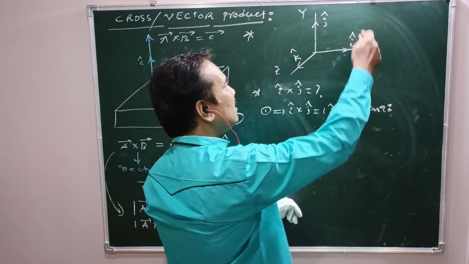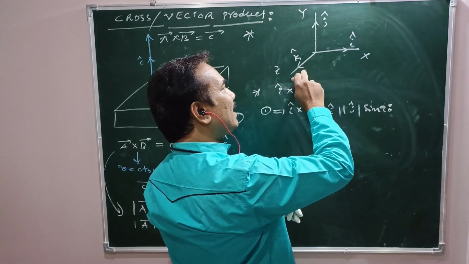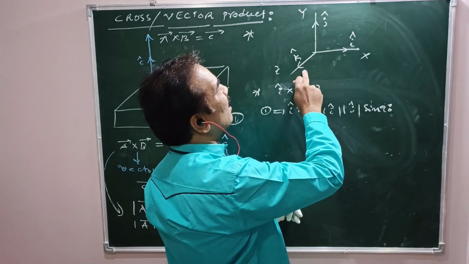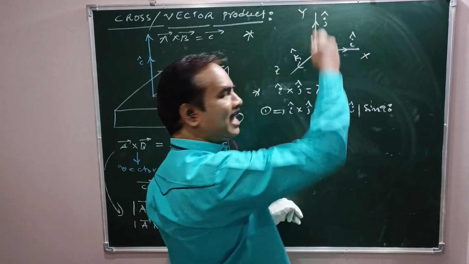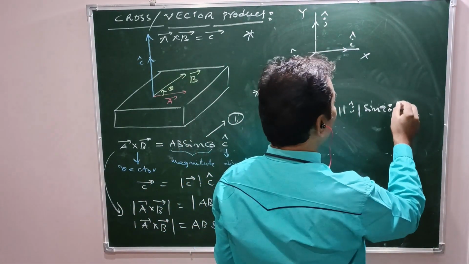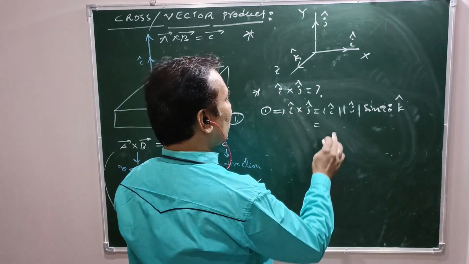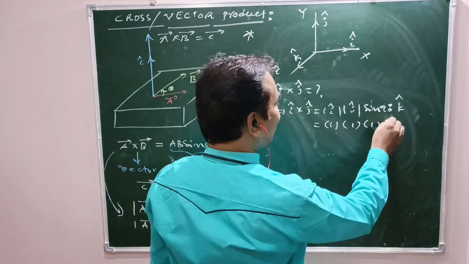C cap is a unit vector perpendicular to both I, J and to the plane of I and J. Here K cap is the unit vector which is perpendicular to both I cap, J cap and the plane of I cap and J cap. So it is K cap. That is, I cross J equals mod I which is 1, mod J which is 1, sin 90 into K cap.